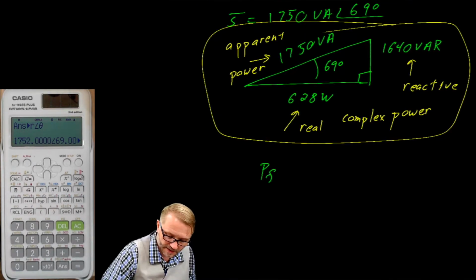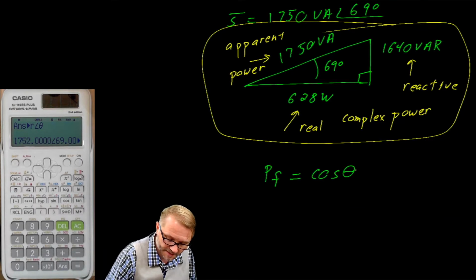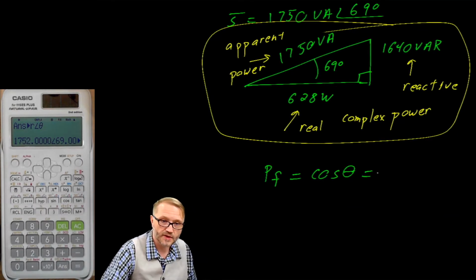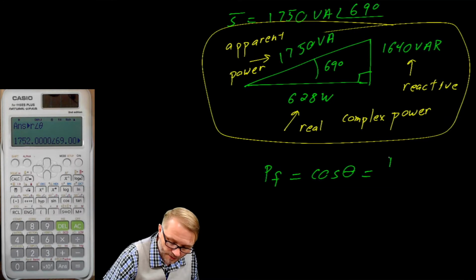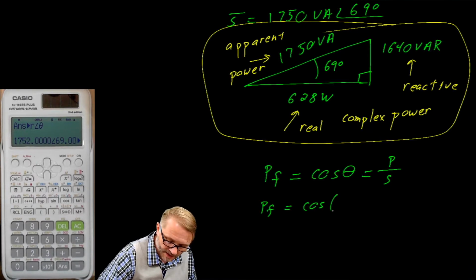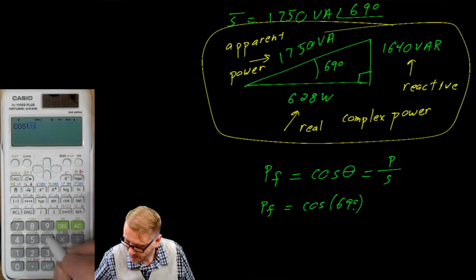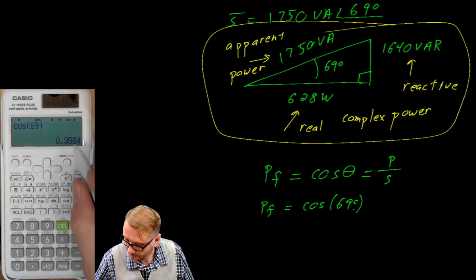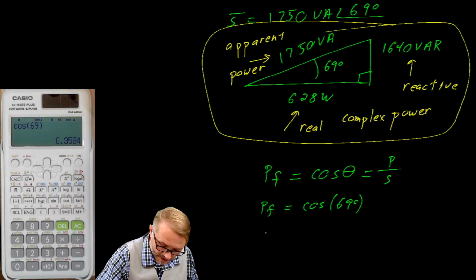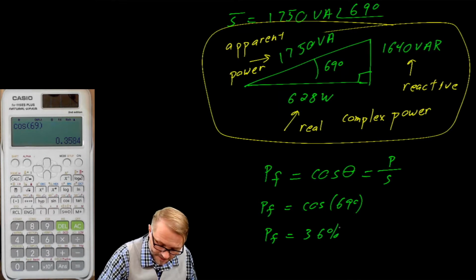At one point, we talked about a power factor. Power factor is equal to the cosine of theta, which is also equal to the ratio of the real power to the complex power. So let's see if that's true. Power factor is equal to cosine of 69 degrees. So cosine 69 equals about, what is that, 36 or so percent.